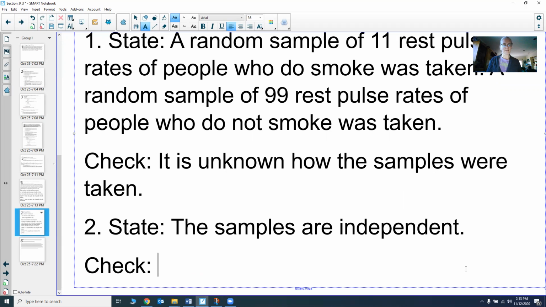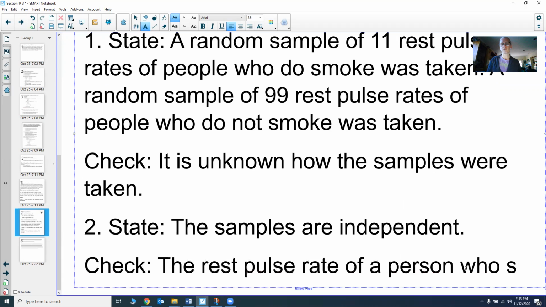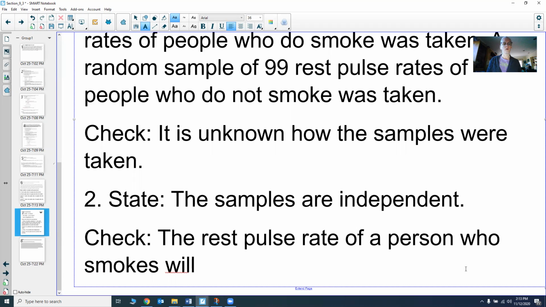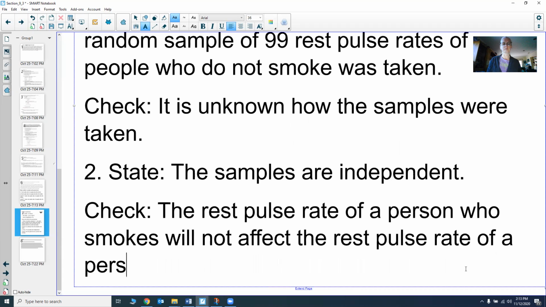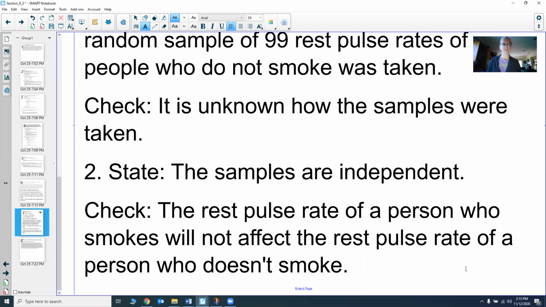So in this case, the resting pulse rate of a person who smokes will not affect the resting pulse rate of a person who doesn't smoke. There's no reason why they would. So the check is good.